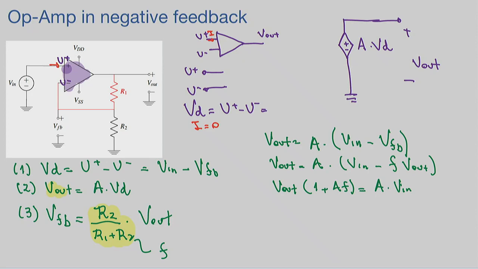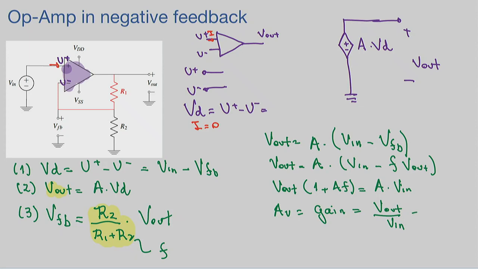Now pay attention, because there is a new gain here that we are going to define, from these equations. I'm going to say that the gain of this system is defined by V out over V in, which is the relationship between the signal that you are getting out with respect to the signal that you got in.